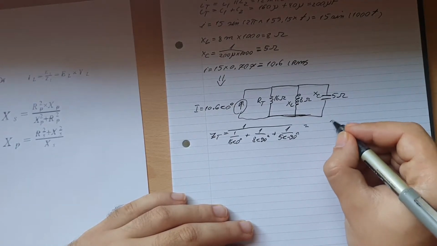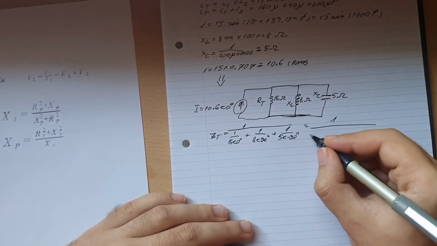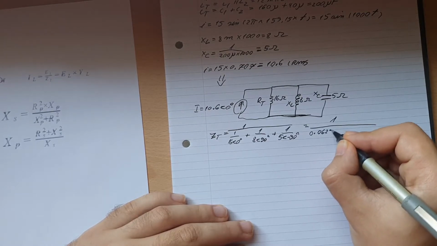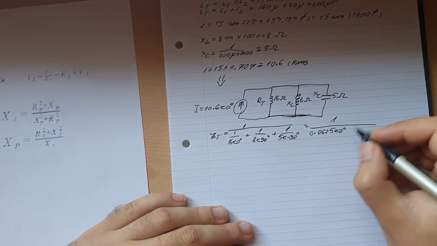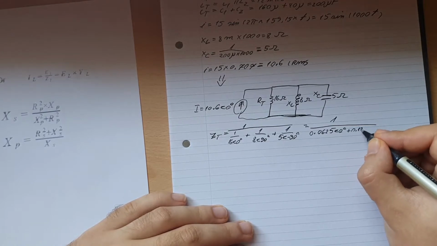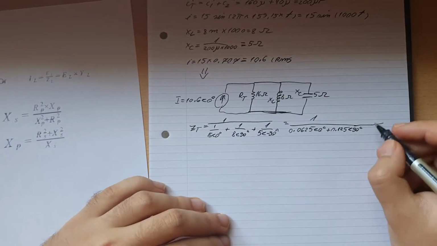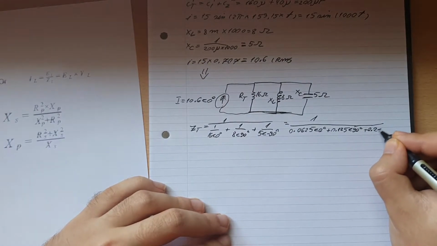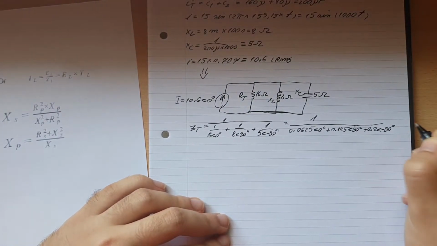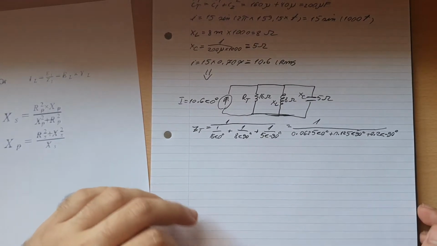That will be equal to 1 over 0.0625 angle of 0 degrees plus 0.125 angle of 90 degrees plus 0.2 angle of minus 90 degrees. Alright, so these are the three numbers that we have.